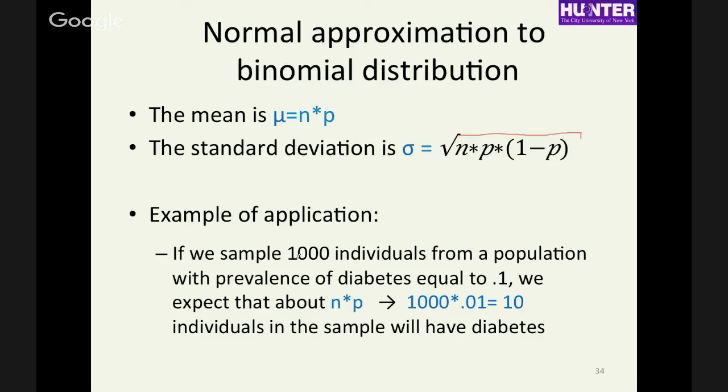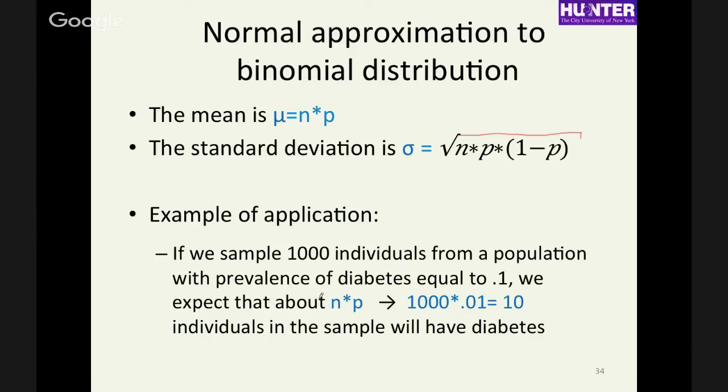So here's an example of an application. If you have n equals 1,000 individuals, with prevalence of diabetes equal to 0.1, the number of trials is 1,000. A success, quote unquote, is having diabetes, and the probability of a success is 0.1.